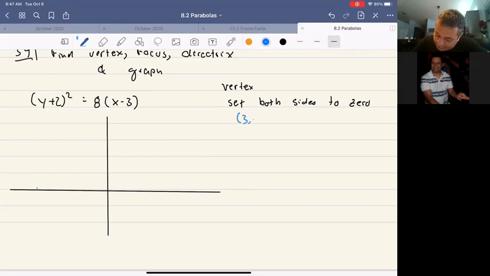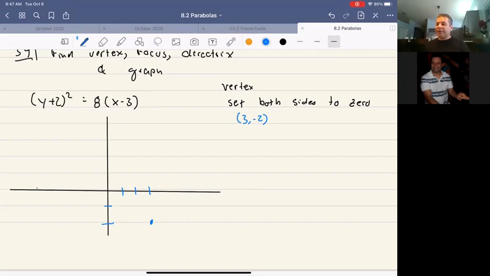So the vertex is (3, -2). Next, the y is squared, which means the x side has to be positive in this case, so it's going to move to the right.